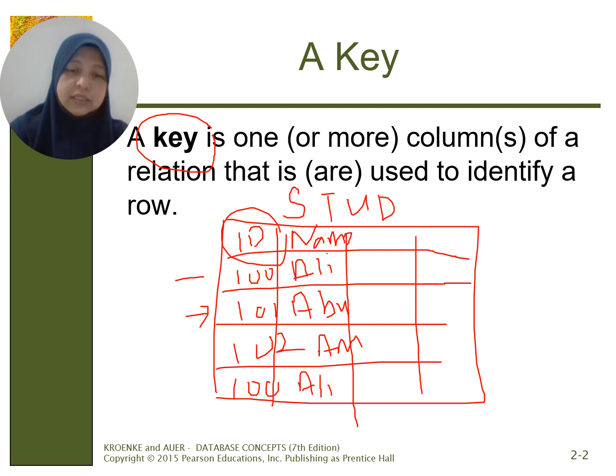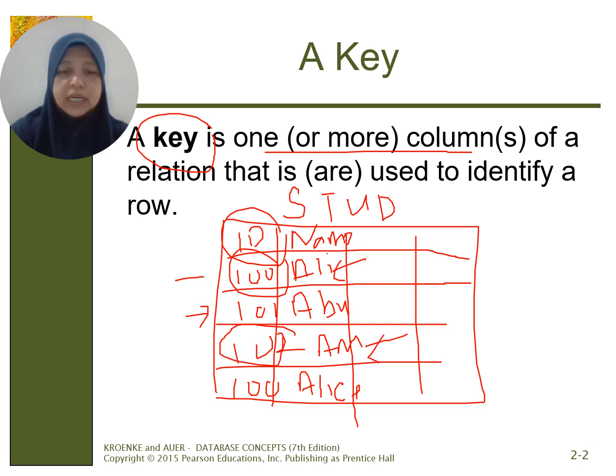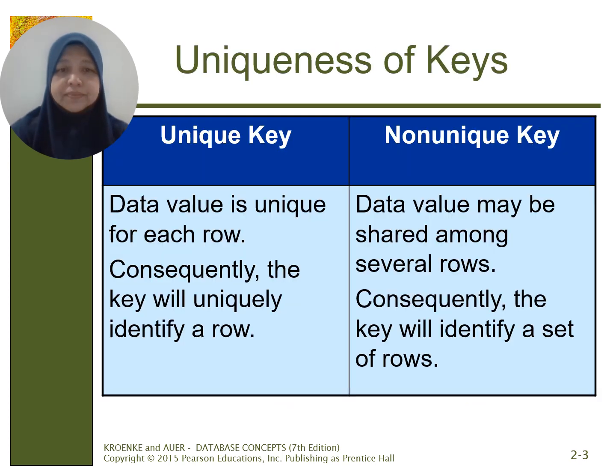This violates the key concept. Key means one or more columns of a relation that is used to identify the row. So we know that if ID 100, this is Ali, ID 102 is actually Amina, ID 101 is actually Abu. Let's look at the types of key.